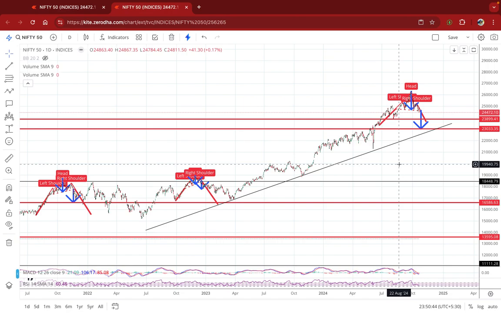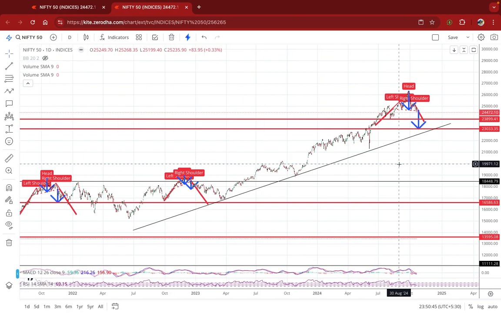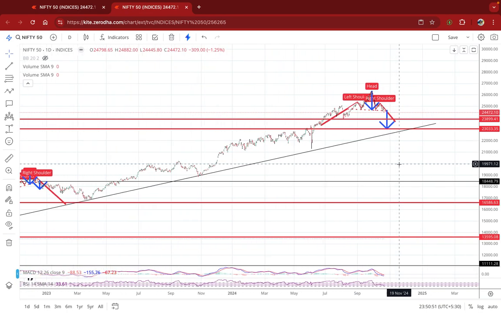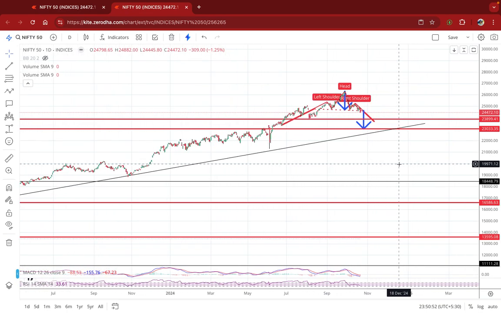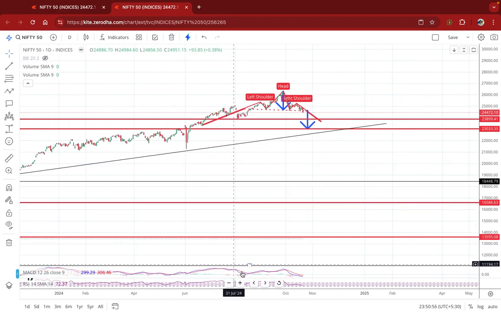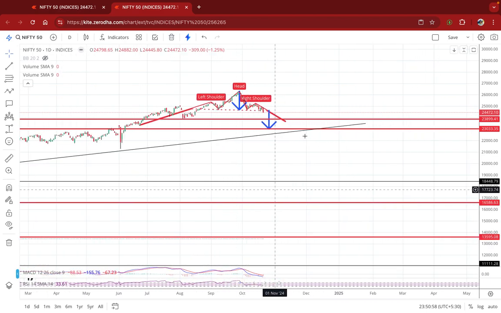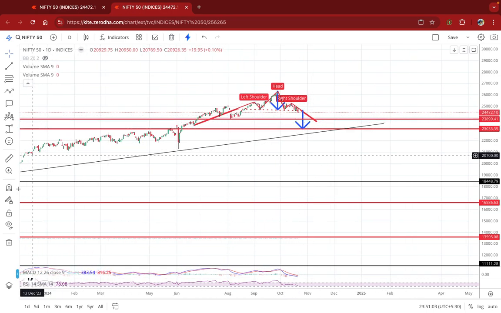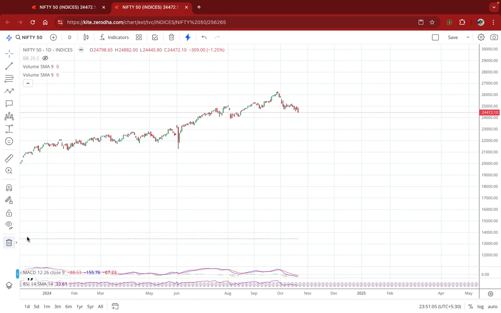What can we do when we face a scenario like this? Those of us who are into F&O have an option: one is to sell some Nifty calls or short some futures if you want.